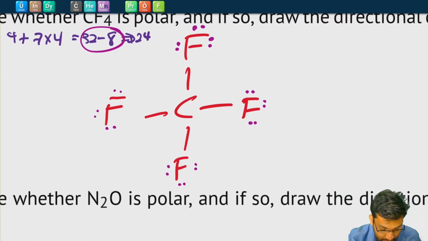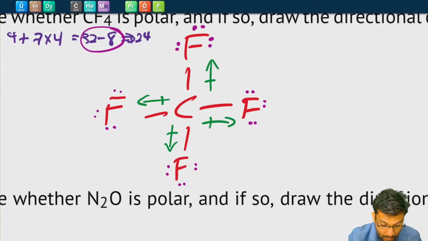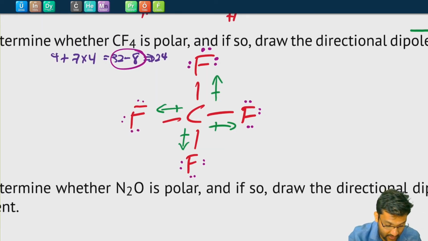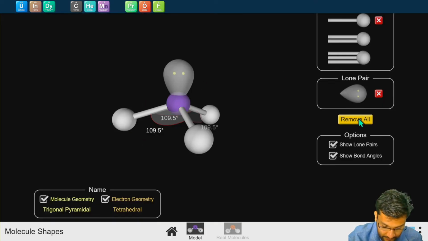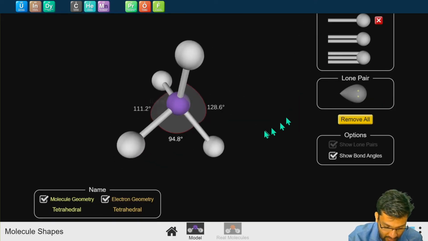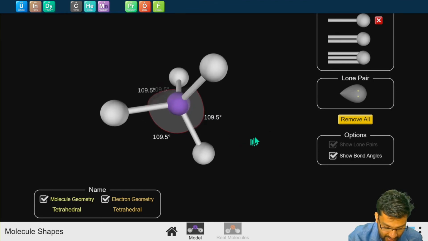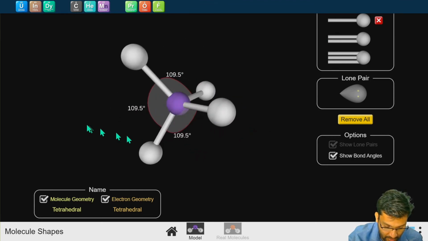Let's look at the polarity. We know fluorine is very electronegative, so it's going to be pulling on all of these bonds. But let's see if they cancel out or not. We have 4 groups, no lone pairs. So as you already know, 4 groups, no lone pairs, that's a tetrahedral structure, right? So 1, 2, 3, 4, where all of the bonds are the same angle from every other bond, right?